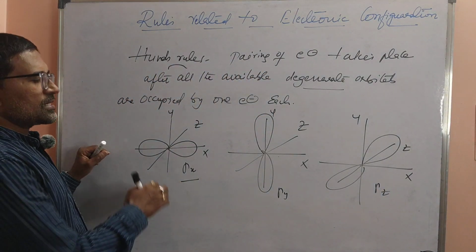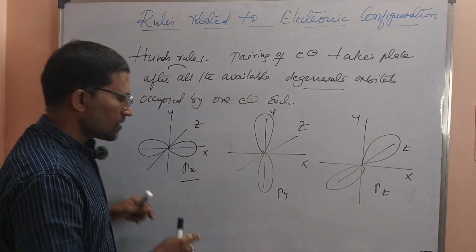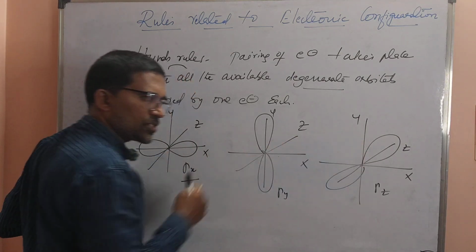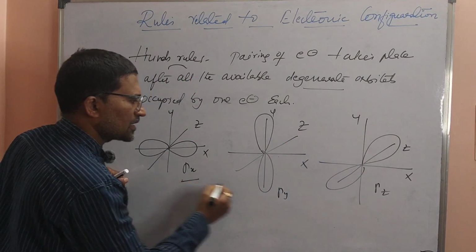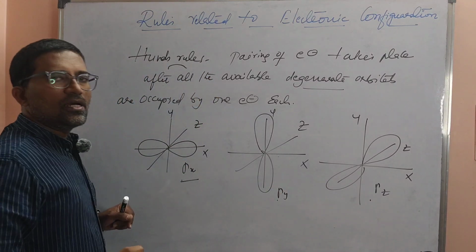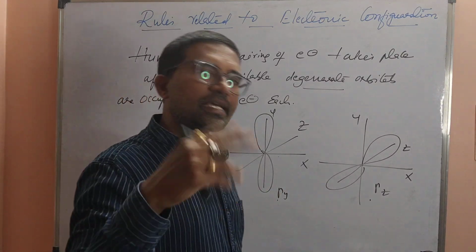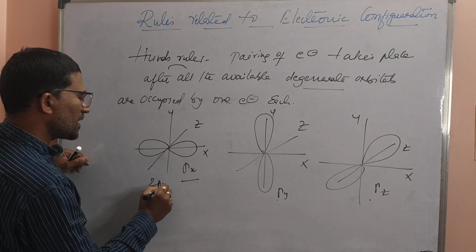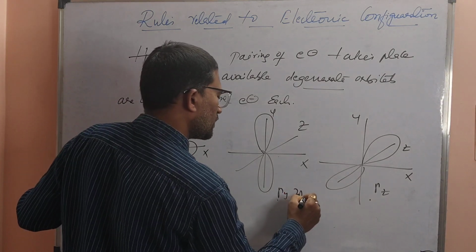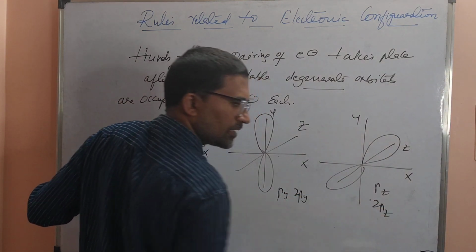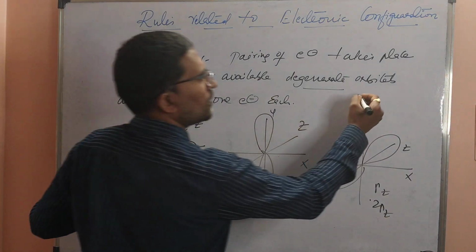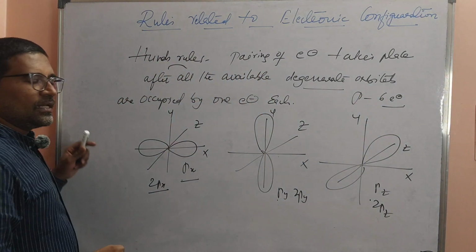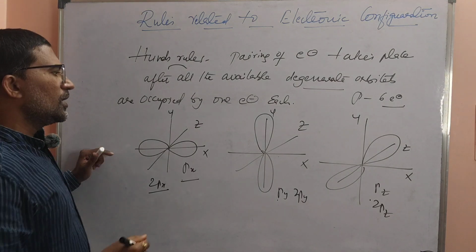So this p orbital has three degenerate orbitals, all having the same energy: px, py, pz. The p orbital starts from the second shell, so I can write these as 2px, 2py, and 2pz. The p orbital contains a maximum of 6 electrons, and each p suborbital has 2 electrons, equally shared.